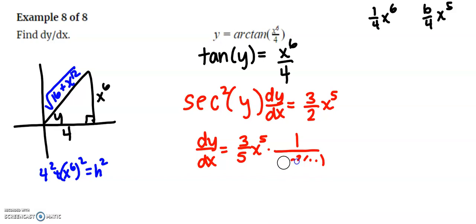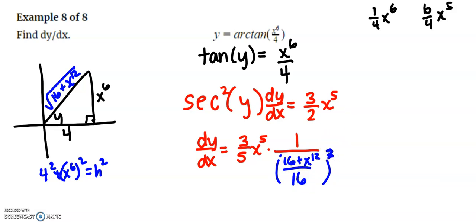So if I want the secant squared, I'm going to do some writing. Don't write this down yet. Secant squared would be, secant is going to be the square root of 16 plus x to the 12th over 4, and then I'm going to square it. So when I square it, we end up with 16 plus x to the 12th over 16.